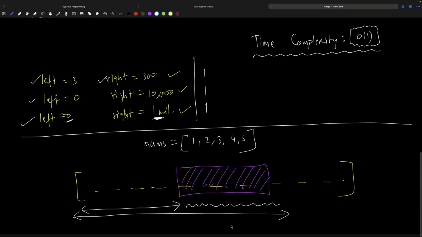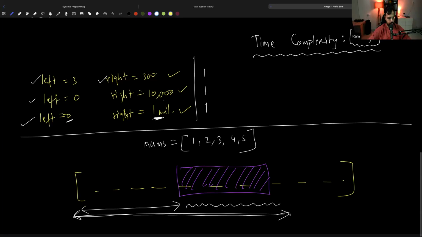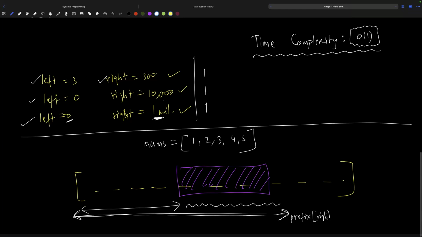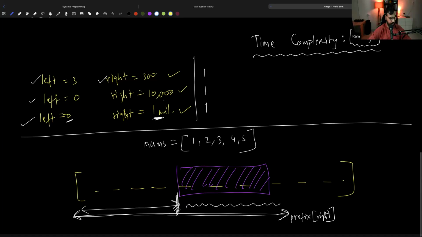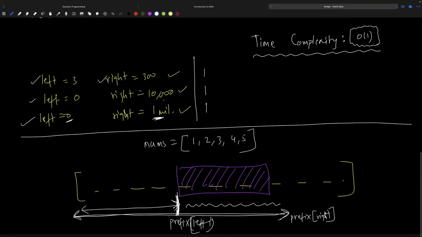So this length, this sum, is what? This is the prefix of right. And this part is prefix of left minus 1.